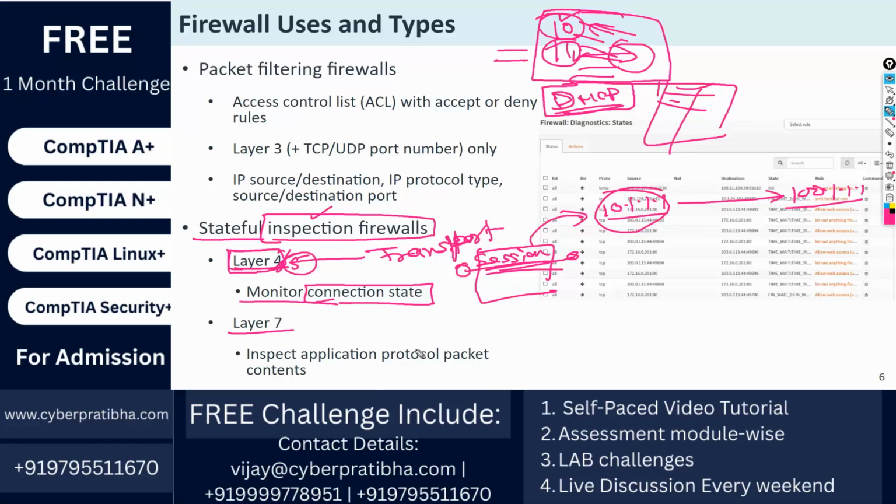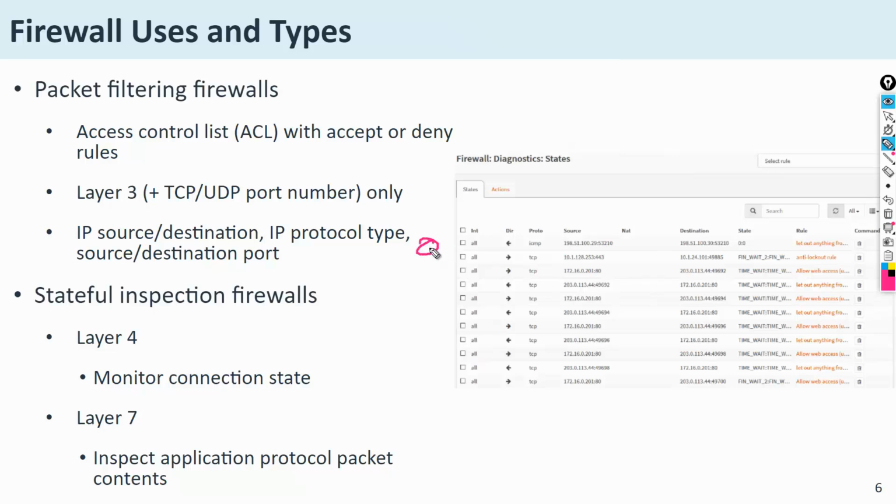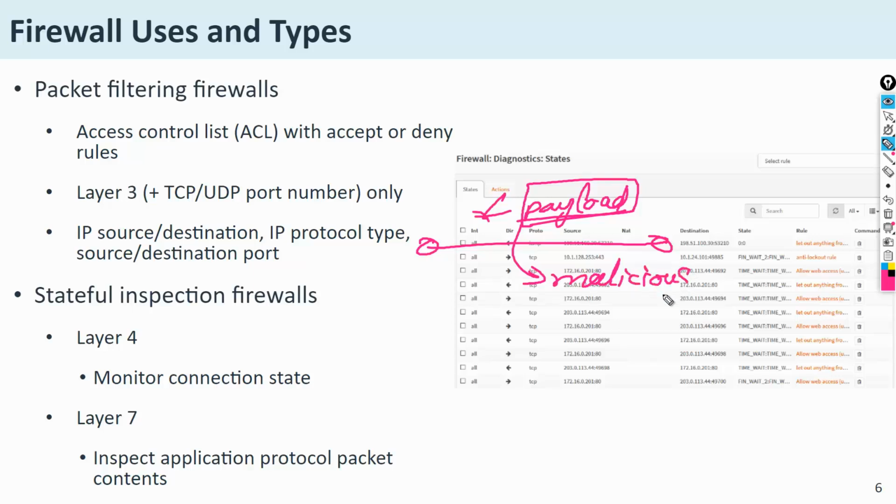And they also inspect the application layer protocol and the packet, because when a packet is coming inside the network, nobody knows what the payload inside it is. Payload means data, which type of data is inside the packet. It may be malicious, or it may be good traffic, good, useful data.